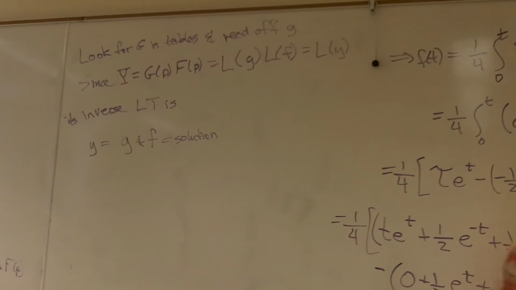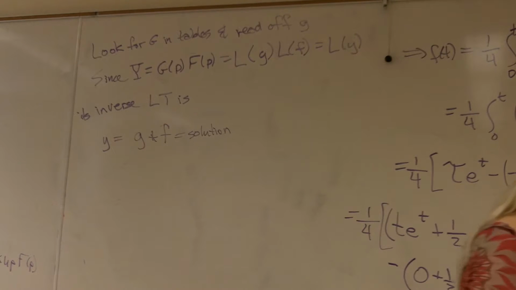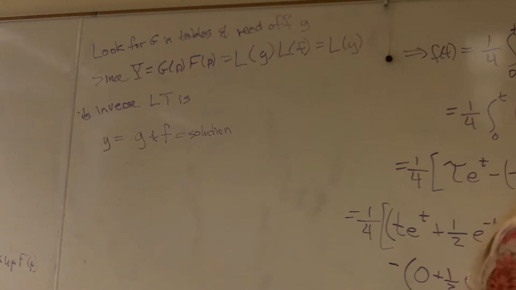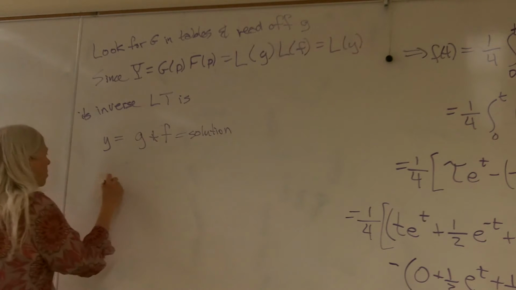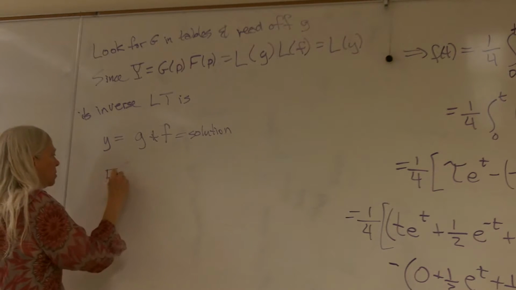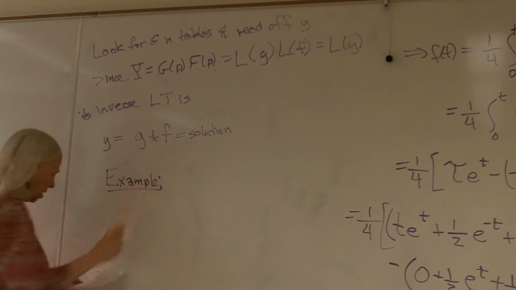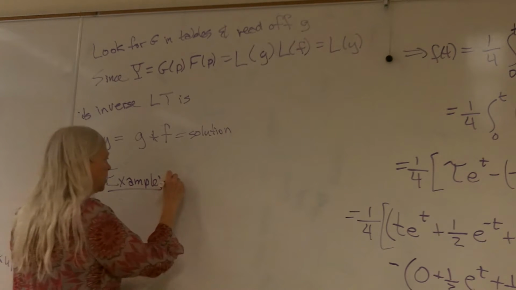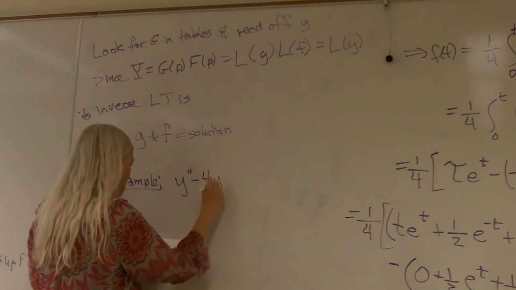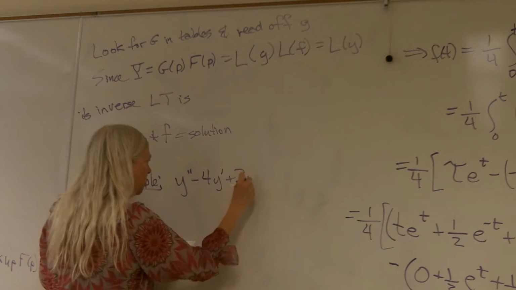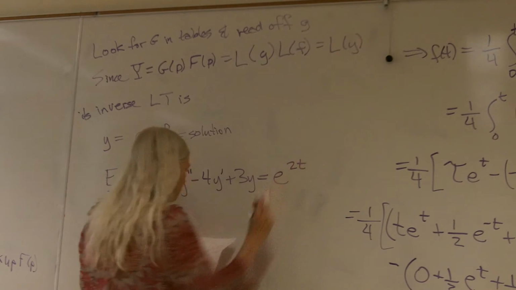So let's look at an example. Let's say we have the differential equation y double prime minus 4y prime plus 3y equals e to the 2t.